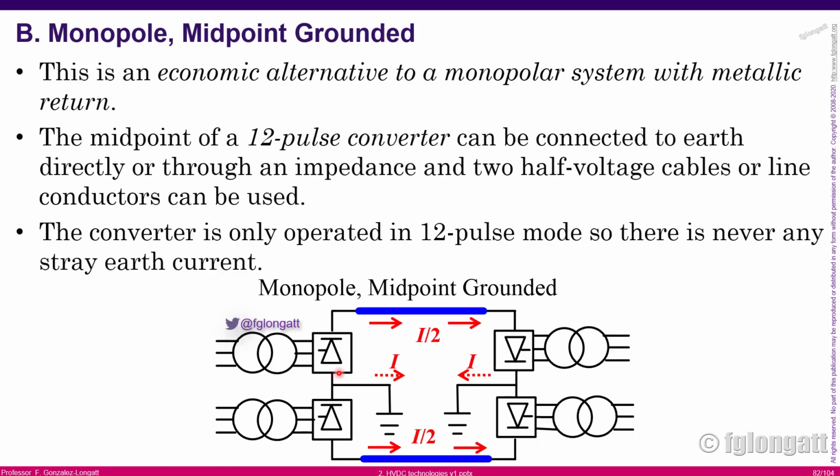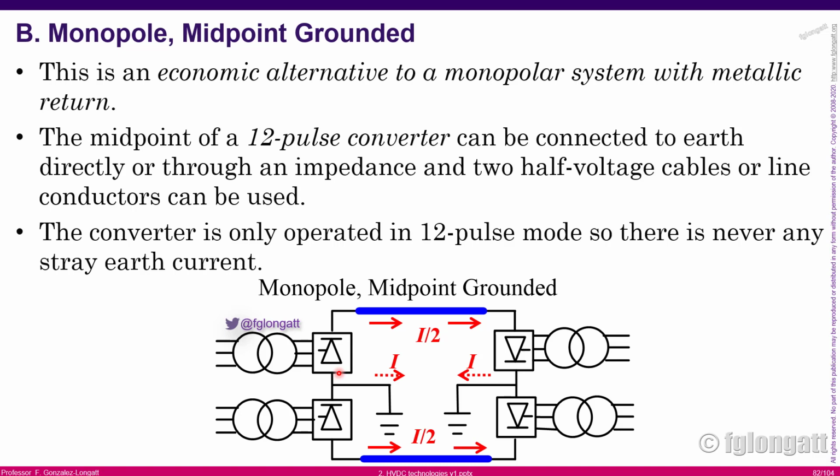An alternative to the previous system is including a grounded midpoint, okay? As you can see over there, they are monopoles, but the currents on both cables go in the same direction, using the ground to return the currents, okay? And that current is basically the sum of the currents going through the lines, okay?